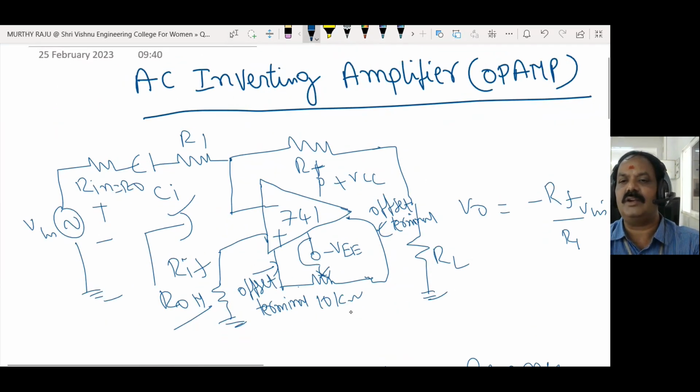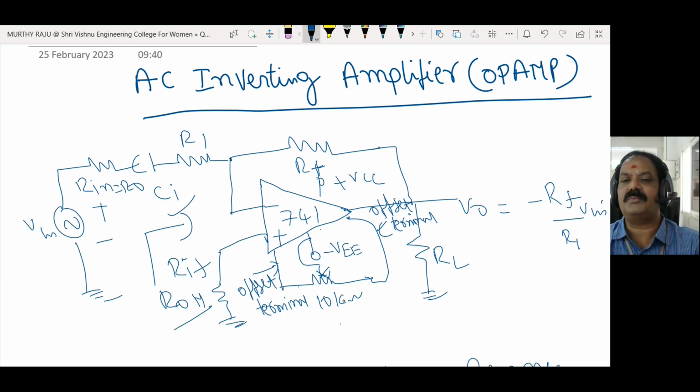And here a 10 kilo ohm potentiometer is connected between the two offset pins of the op-amp. The wiper terminal of the potentiometer is connected to the negative power supply of the op-amp to prevent the offset voltage effect at the output. ROM is the resistance connected at the non-inverting terminal of the op-amp to prevent the bias current effect.